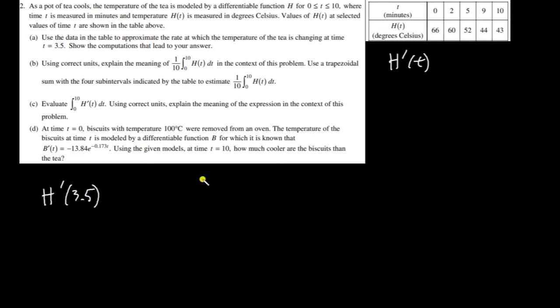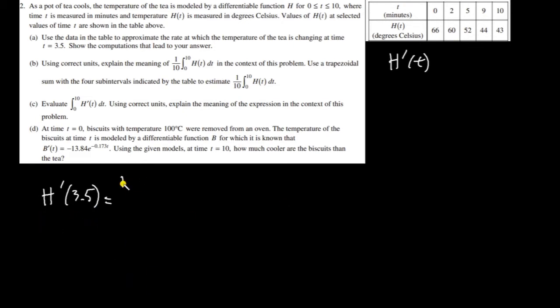Okay, so we don't actually know a function that we can differentiate to find h prime of 3.5. But what we can do is look at this table and see that there's 2 and 5, and those are relatively close to 3.5, right? So I'm going to find the slope between these 2 points, between 2 and 5, and I'll use that as the approximation for the derivative of h at 3.5.